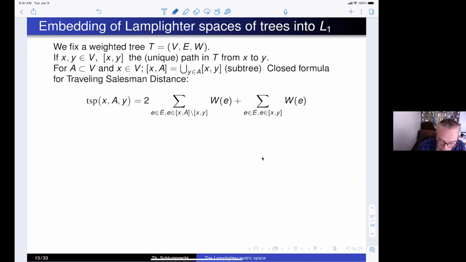Now, it's not very hard, at least intuitively, to see the following closed formula for the traveling salesman distance.